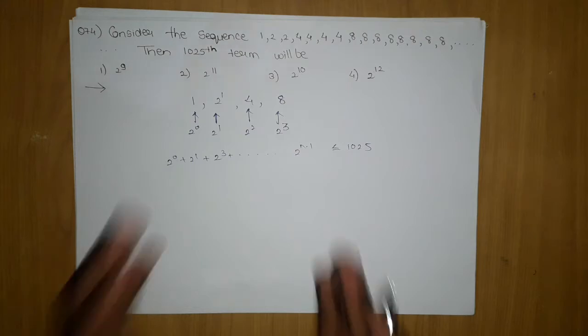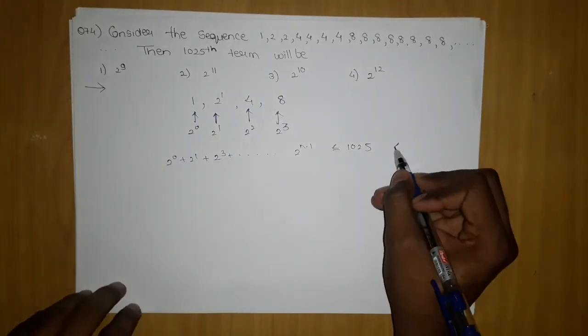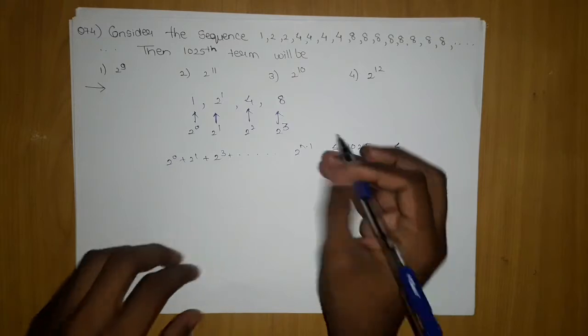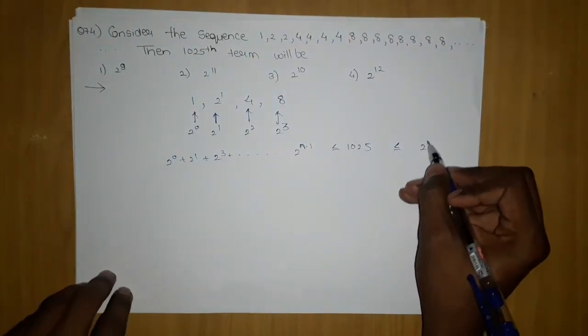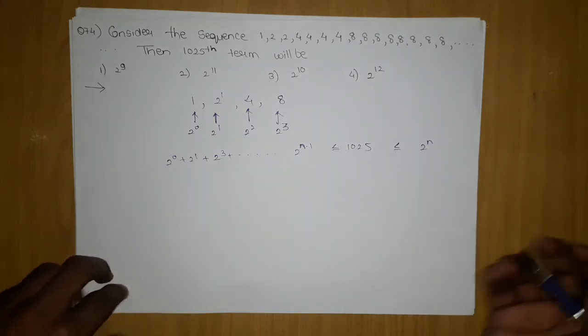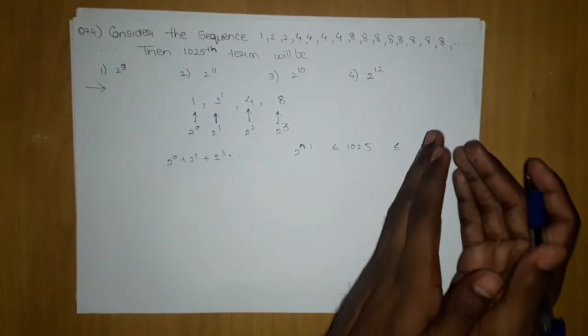1025 will lie between these only. You have to place it between the last term and one more term after that, that is 2 power n plus 1, and after that 2 power n. Just one term. Although the series will stop here, you have to take one more extra term.